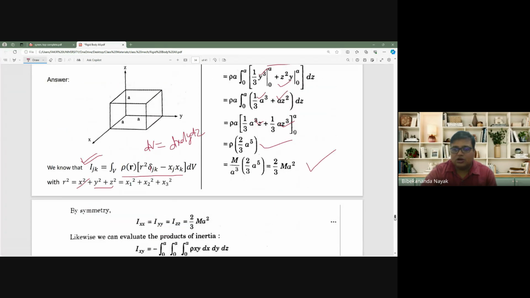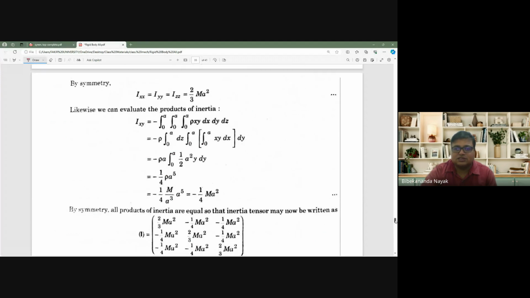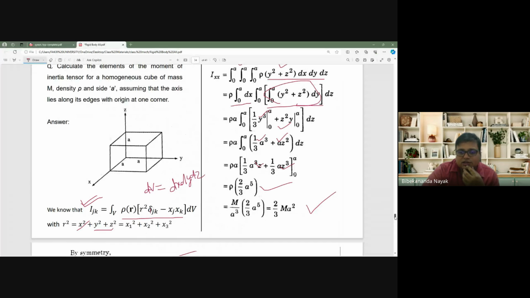Similarly, calculate the off-diagonal elements. Ixx, Iyy, and Izz are all the same, 2 by 3 m a squared. It is a symmetric tensor, meaning off-diagonal elements are also equal: Ixy is equal to Iyx. So calculate Ixy according to this formula.